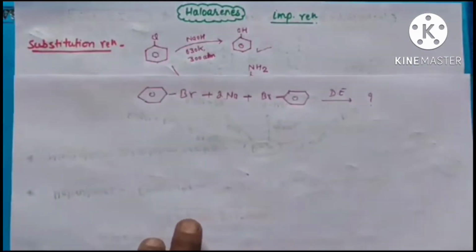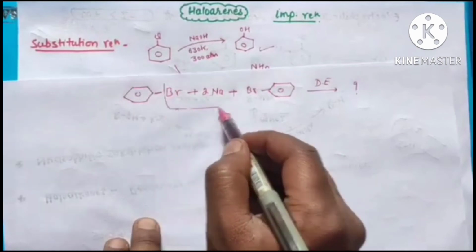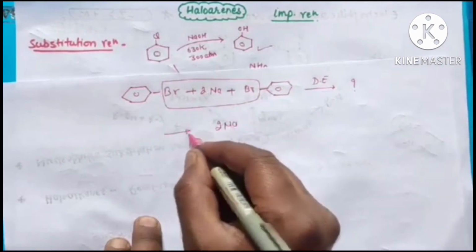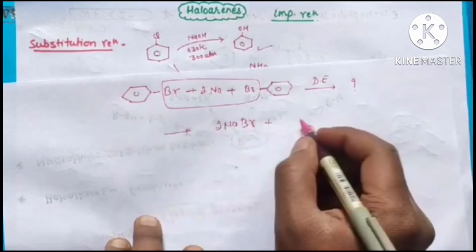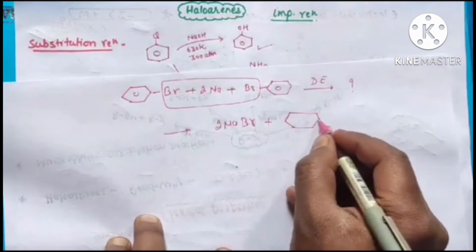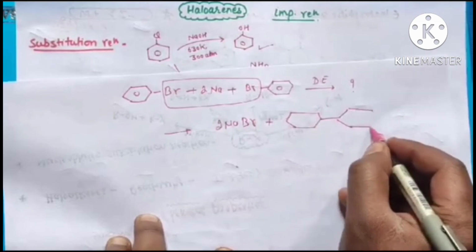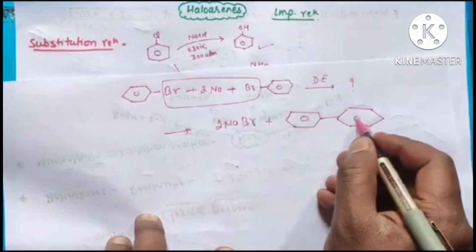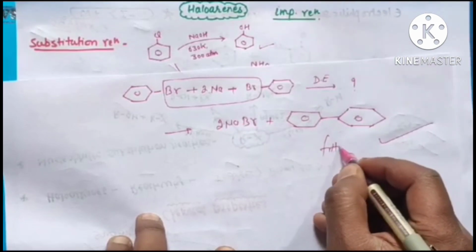The product is very simple. Br, twice NaBr will come out. Now the remaining 2 rings will fuse to each other like this. Means you can see 2 rings are fitted. So that's why this reaction is known as Fittig reaction.